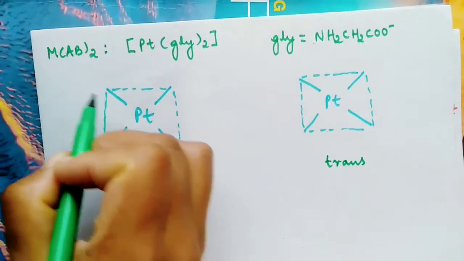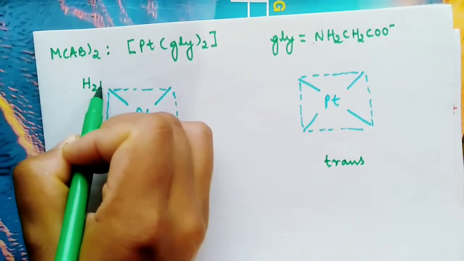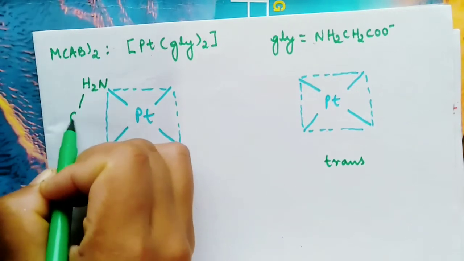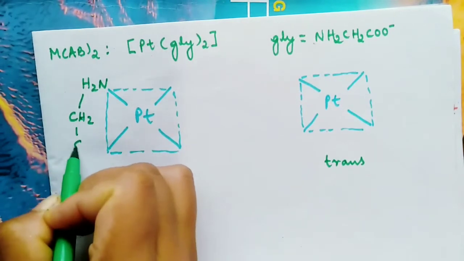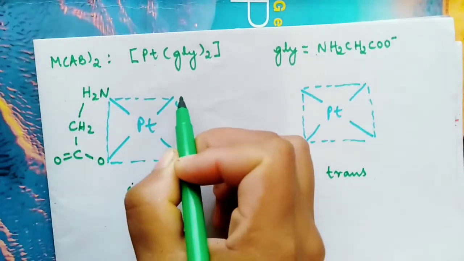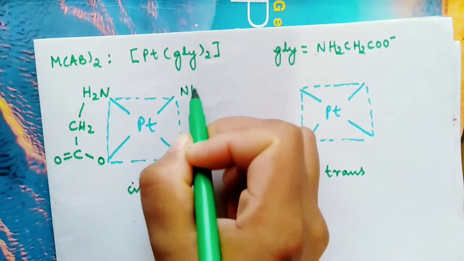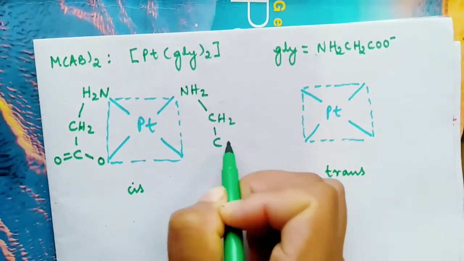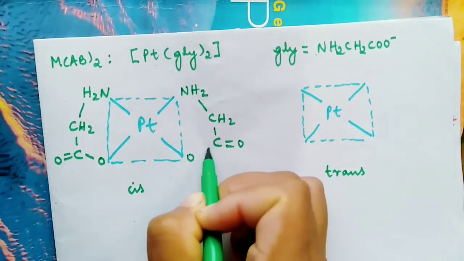For the cis, we draw in this way. We have NH2, and then CH2, and then C double bond O, and then we have O. Here also the groups lie adjacent. So we have CH2, C double bond O, like this.